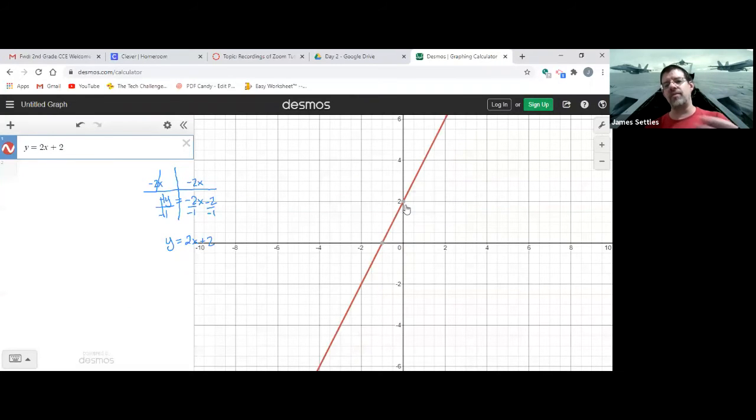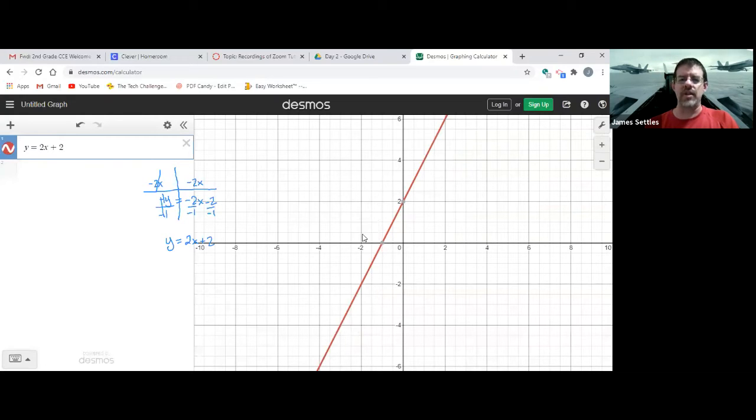Notice that right away it pops up these points right here. Now, if you hit enter, it might take away these points. So I don't hit enter, and I make sure my cursor stays in there. These points will automatically pop up because it's saying, hey, there are some important points right here. It knows about these important points. So that's the x-intercept, which it says is -1, 0.